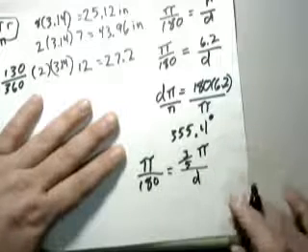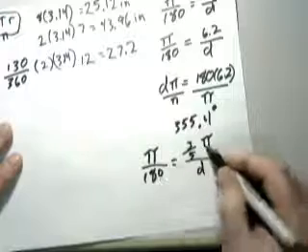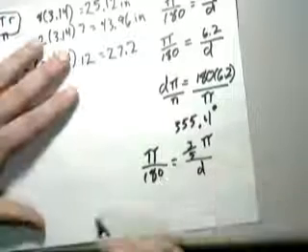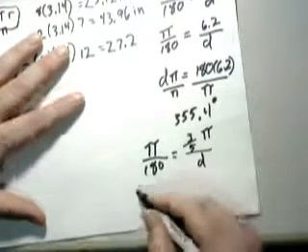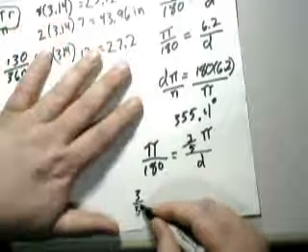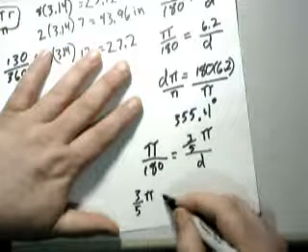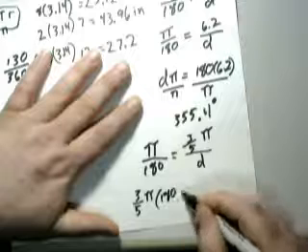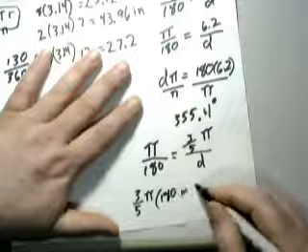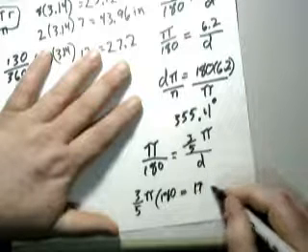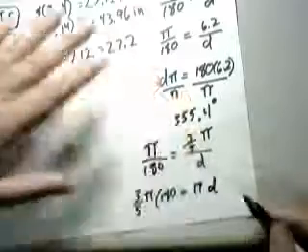So what we do is we cross multiply, and we've got 3/5 pi times 180 is equal to pi times d.